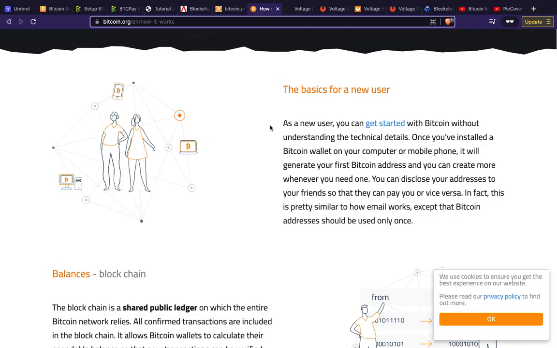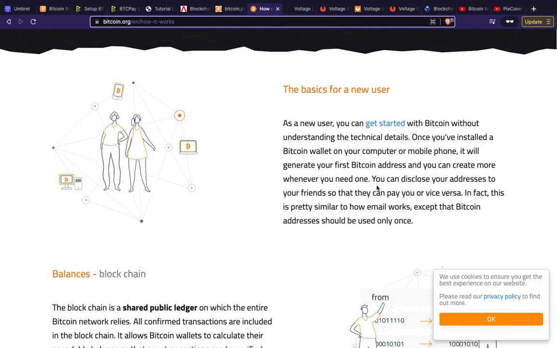You can disclose your address to your friends so that they can pay you, or vice versa. In fact, this is pretty similar to how email works, except that Bitcoin addresses should be used only once.